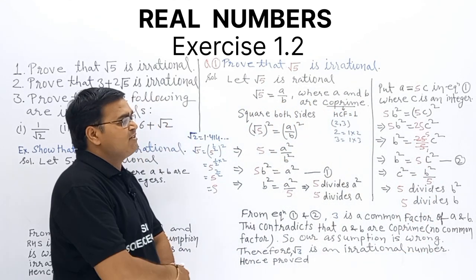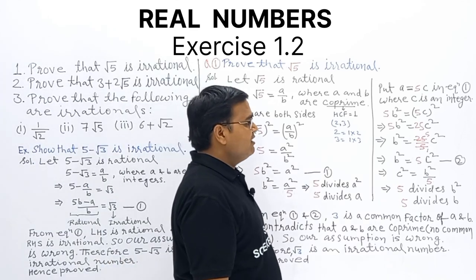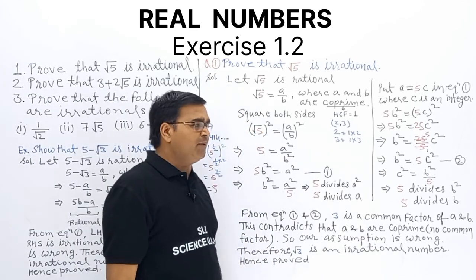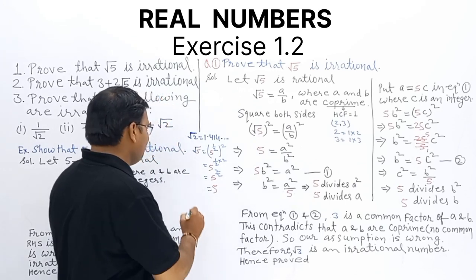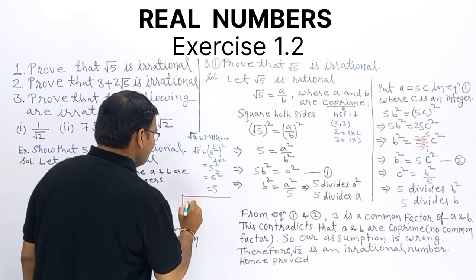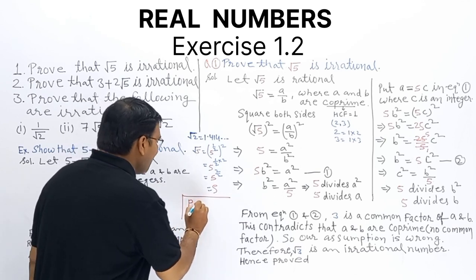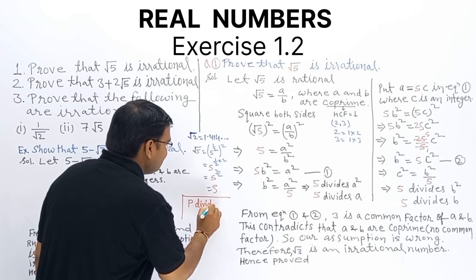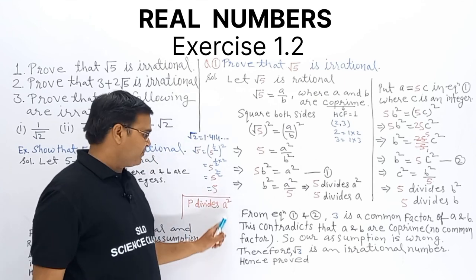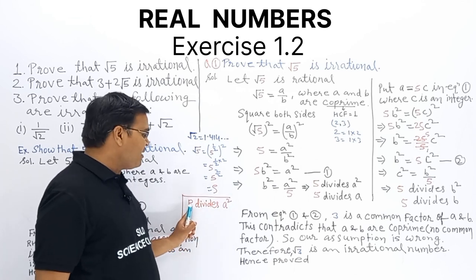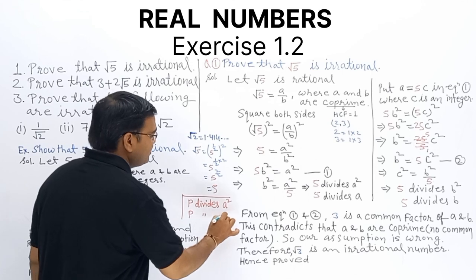From the theorem we can say 5 divides b square. It means 5 divides b. This is one theorem: if p is a prime number that divides an integer's square, then this prime number will divide this integer.